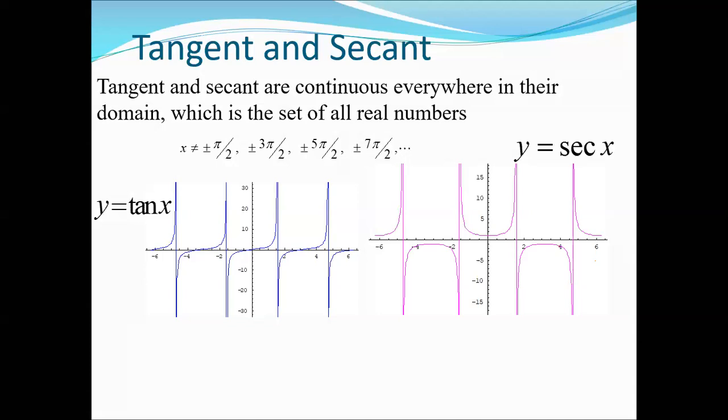Because the period of tan is pi, and the period of sec is twice pi. So cos 0 is 1, sec 0 is 1. Sorry, cos pi by 2 is 0, so sec pi by 2 is infinity.